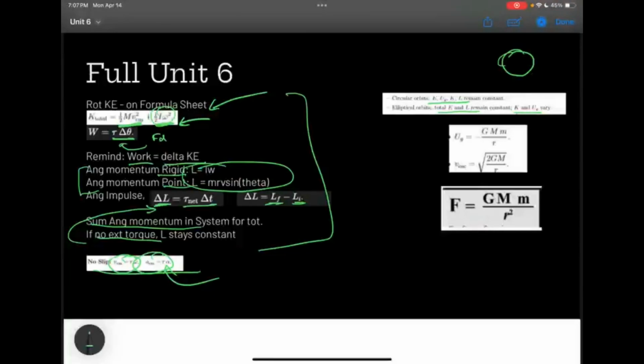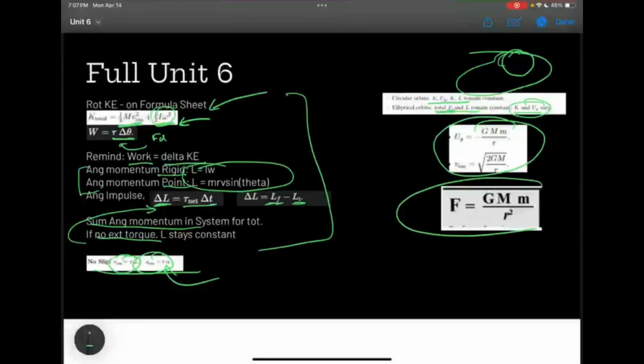However, the kinetic energy and the potential energy will vary, right? So they'll sum up to be the total energy, which remains the same. So the sum of these two remains the same. But as we move along the elliptical orbit, some parts might be going faster than others, might be farther apart. So those will react differently.